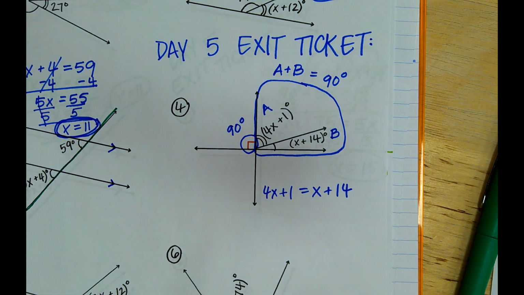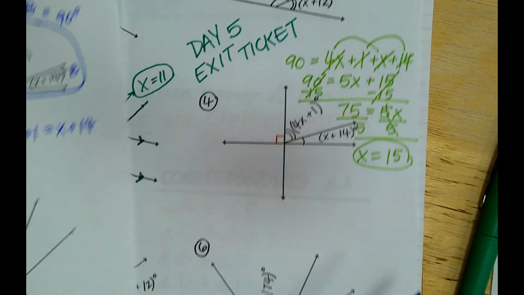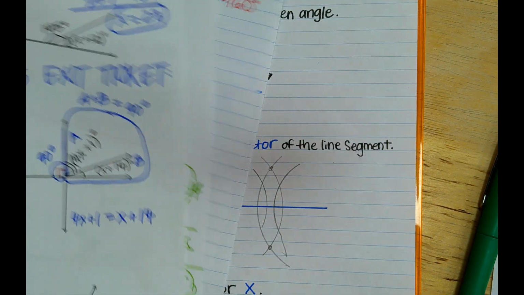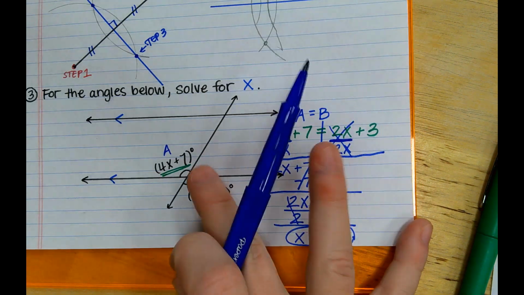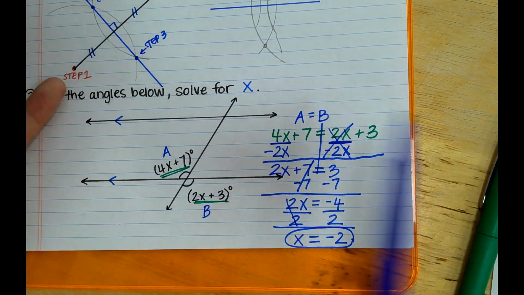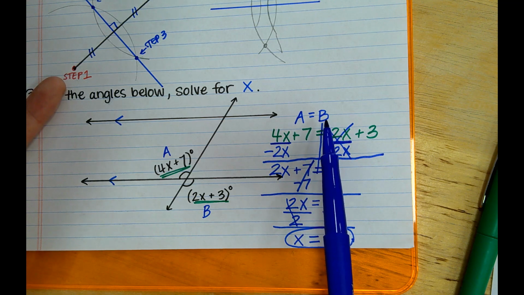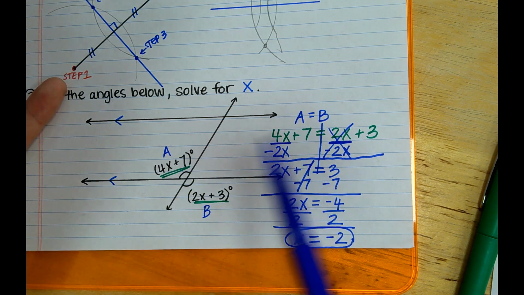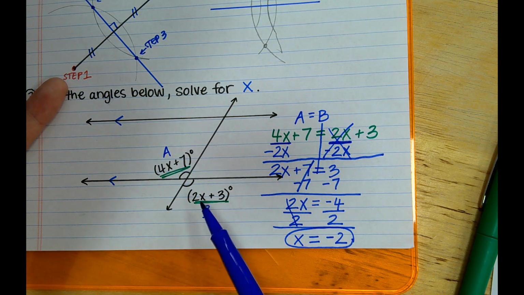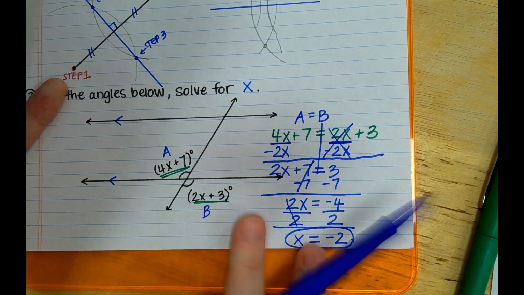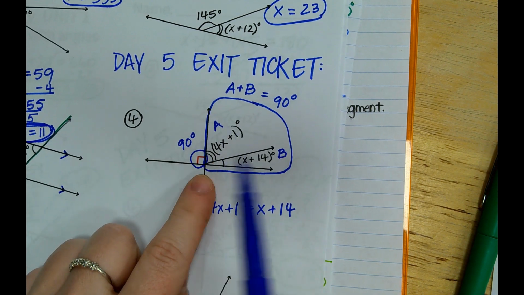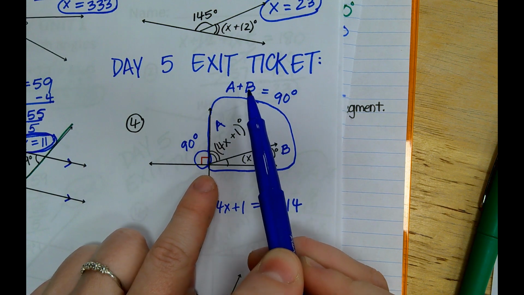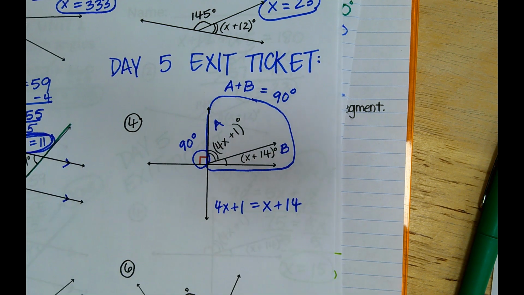So we're not doing the same thing as we did in the do now, where's my do now? These angles are equal to each other. So we knew A equals B, and we just plugged in 4x plus 7 for A, 2x plus 3 for B. Instead of A equals B, this time we have A plus B equals 90.